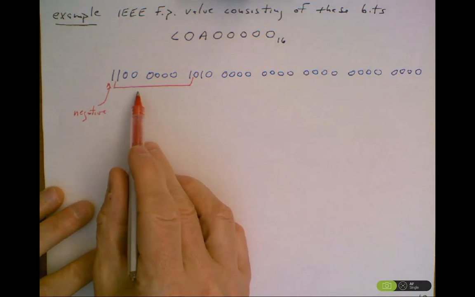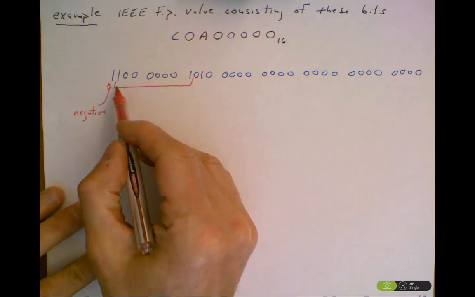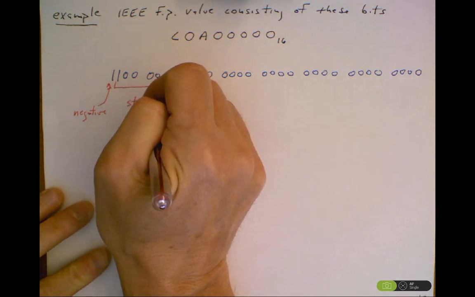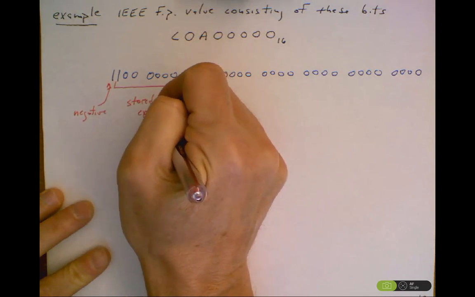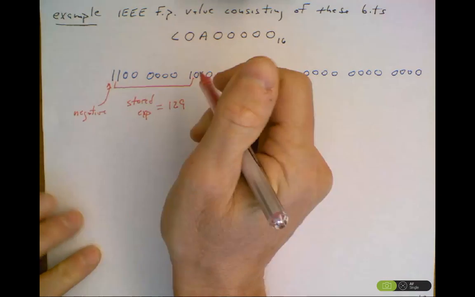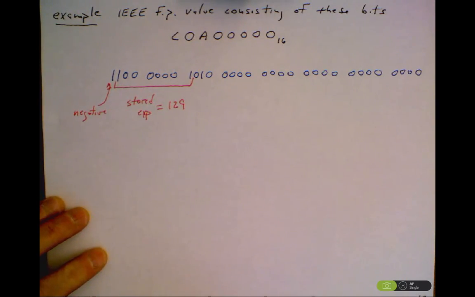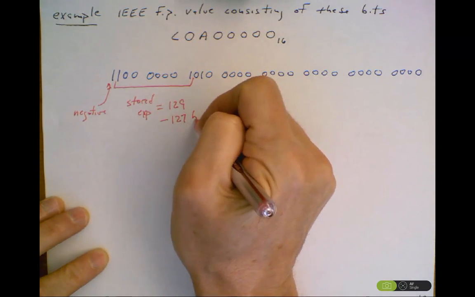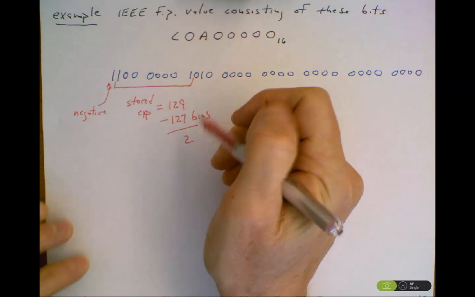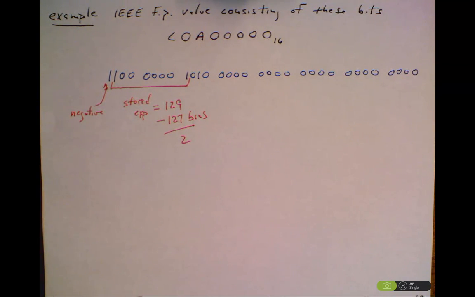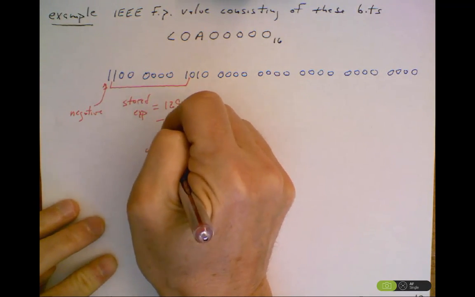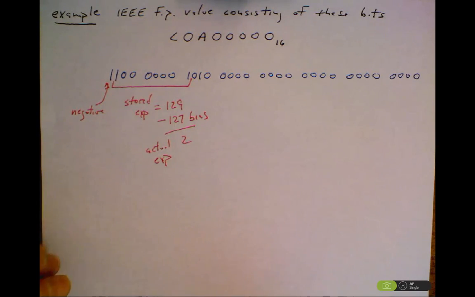What value is that exponent there? The stored value is, that's a 128 on the leftmost end and a 1, so the stored exponent is equal to 129. That's not a special case. It's not all zeros, it's not all ones. So now I can subtract the bias amount and get an actual exponent of 2. Okay. So we're pretty much ready to write down the binary form of the number anyways.